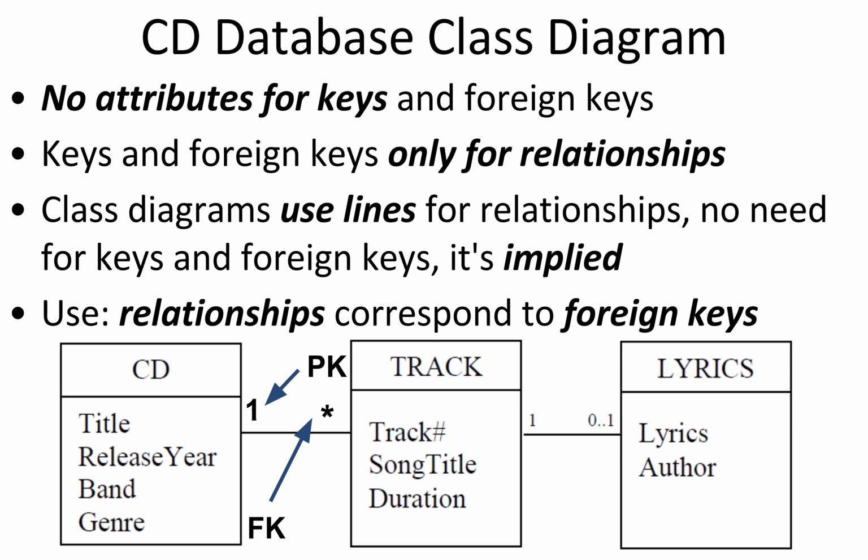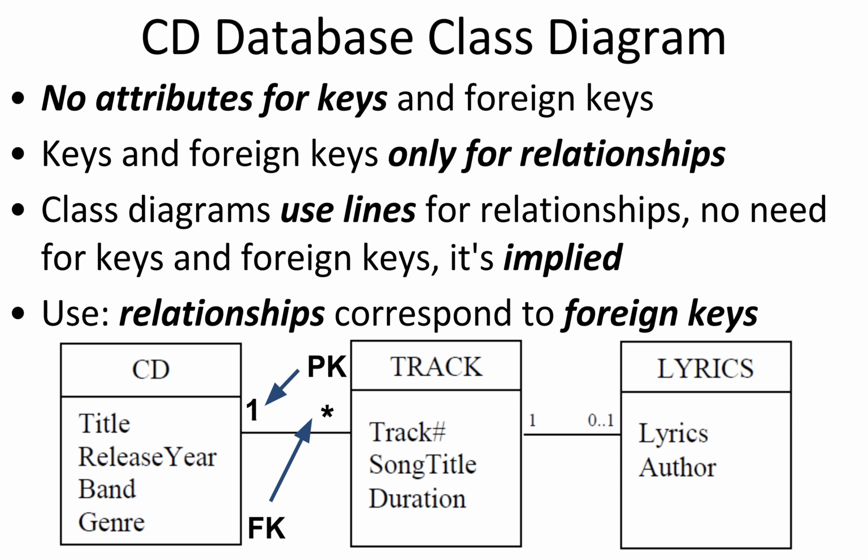Notice that we've dropped all the primary keys and all the foreign keys, and replaced them with just plain old lines. It is implied that the track has a foreign key, the star, that's referring to some primary key, the 1, that is represented by the CD, and we have the lyric.